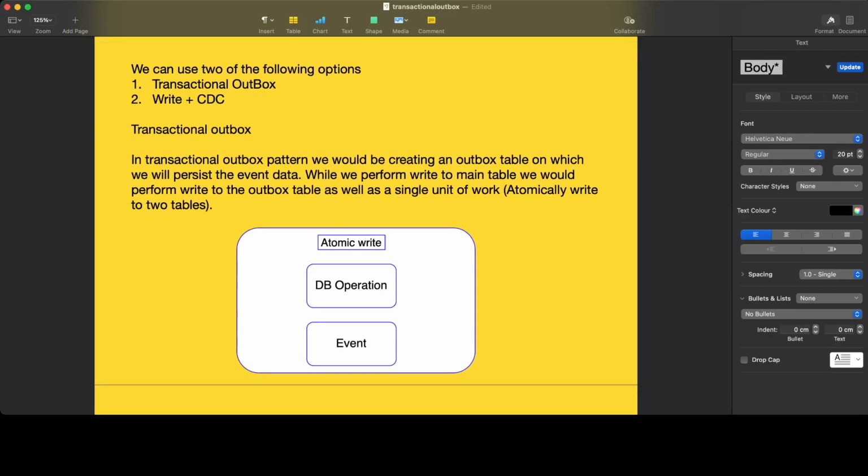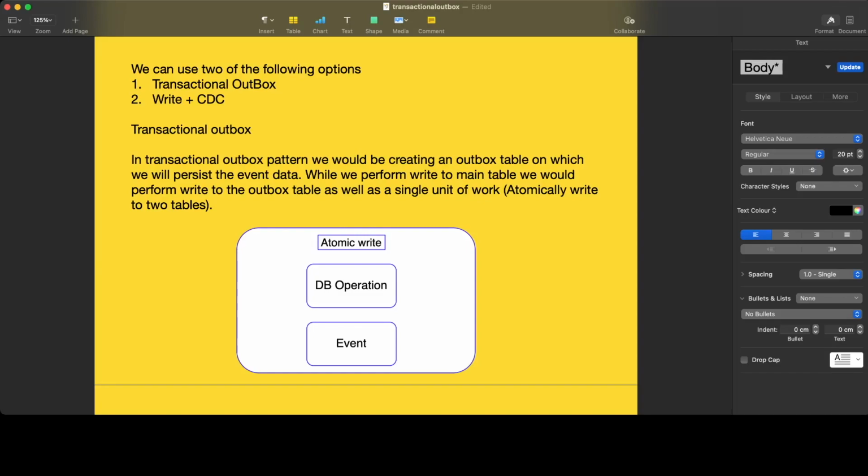A transactional outbox is a pattern where we create a table or a document called outbox, and we persist data in that outbox table along with the data that we are persisting.